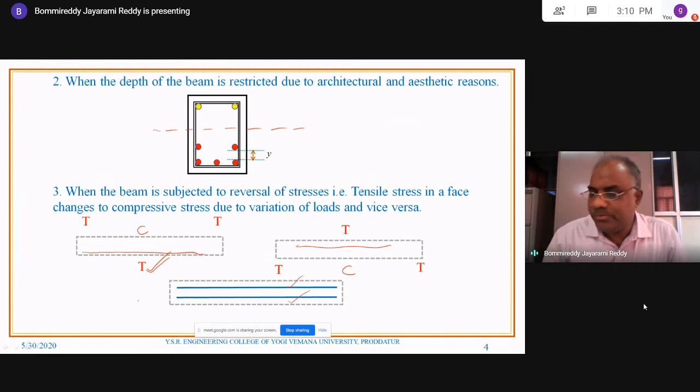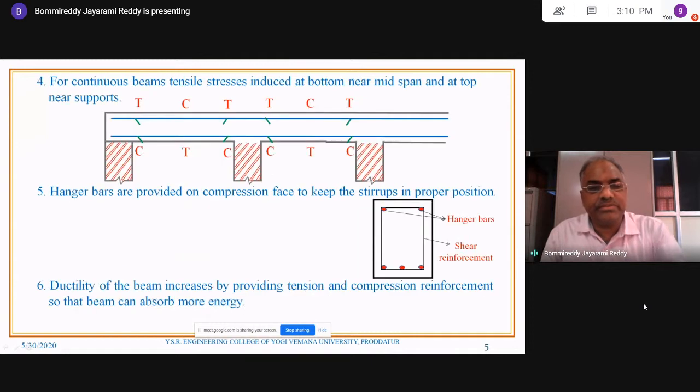Due to the different loads acting on the structure, at one particular time the tension phase may be changed to the compressive phase, and the compression phase may be changed to the tension phase. Such a situation is called the reversal of stresses. When reversal of stresses is expected, naturally reinforcement is to be provided both on top and bottom, so that compressive reinforcement and tensile reinforcement can sometimes be reversed.